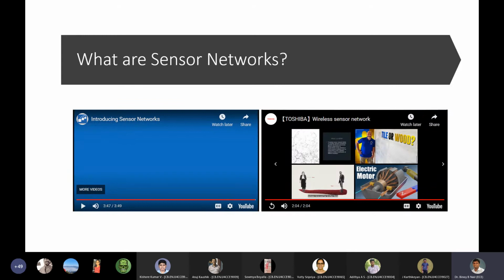The next node collects from four nodes, transmits to the next, and so on and so forth. As you go along, the nodes closer to the server collect more and more data and pass it on. That is the idea of a wireless sensor network. So they can work independent of the cloud also, just through local multi-hop communication. That is one requirement of a wireless sensor network.